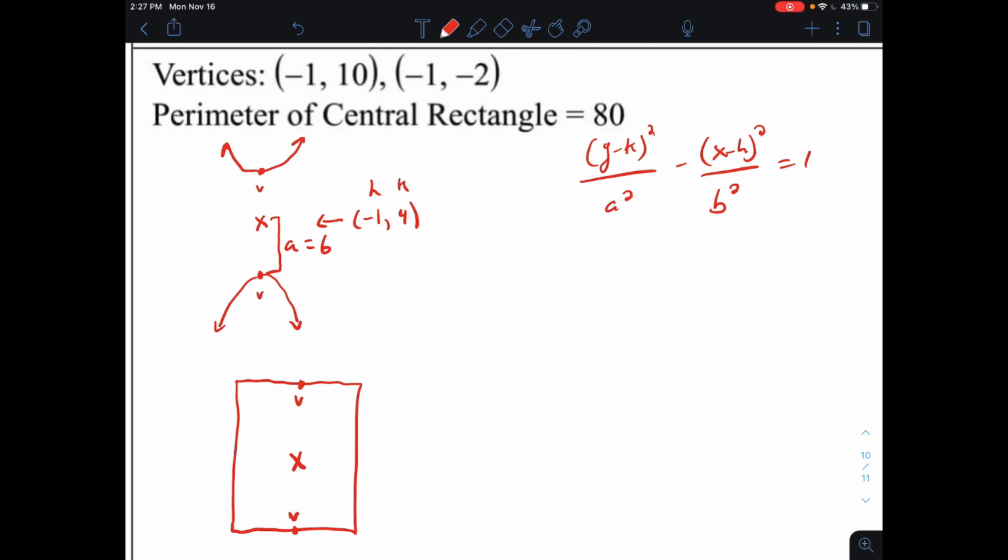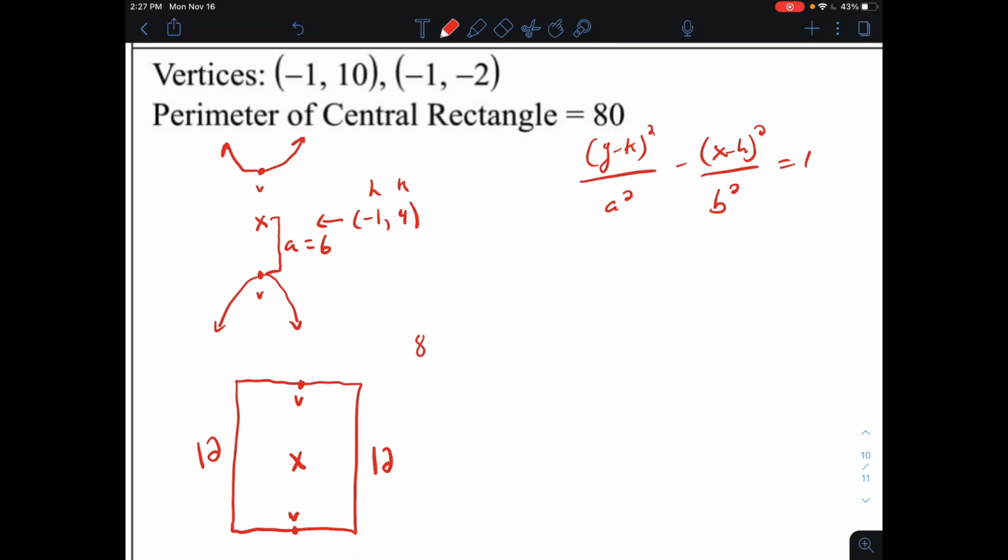Since we know that a is 6, the distance from the center to a vertex is 6, that means the length of one of these sides would be the length of the transverse axis, the overall distance between the two vertices, 2 times a, which is going to be 12. So if one side is 12 of this rectangle, the opposite side is going to be 12. The overall perimeter is 80.